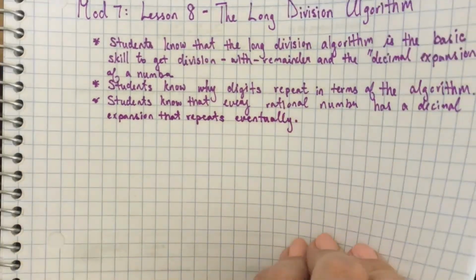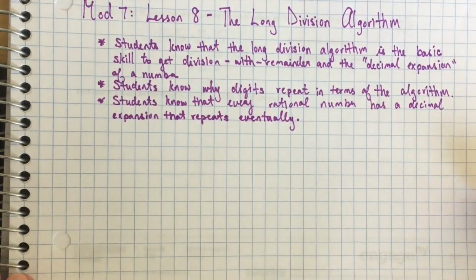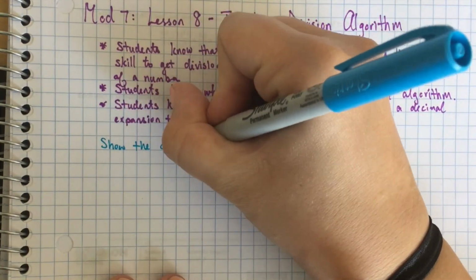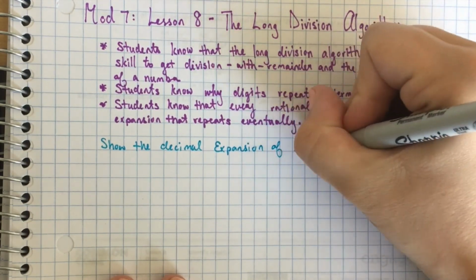So, by using our long division, we're going to do a quick example. It says show the decimal expansion of 26 over 4.